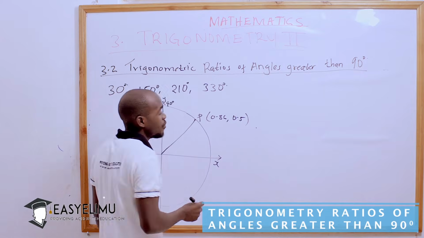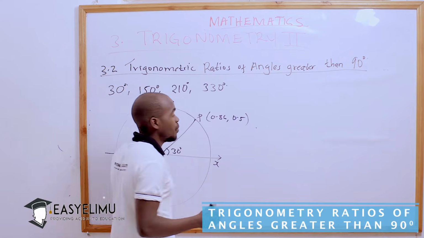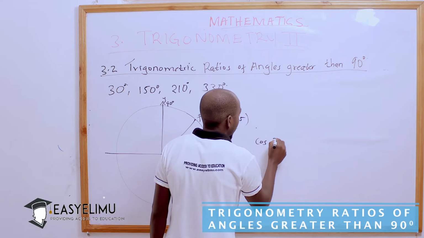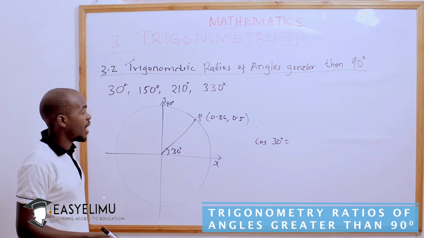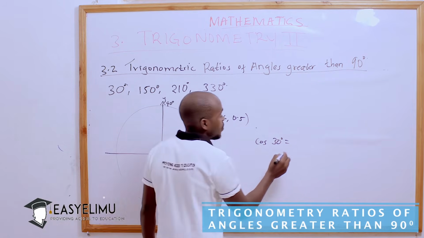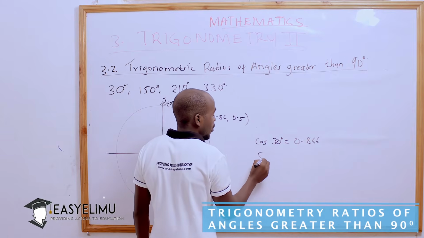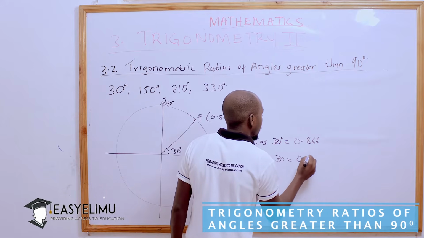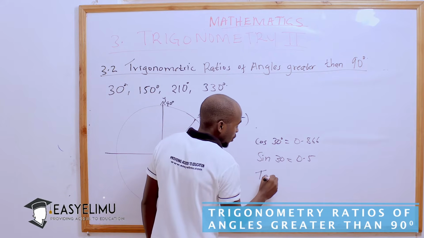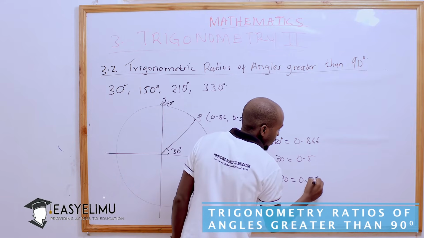And we saw that the cos of 30 degrees was positive, equivalent to 0.866 and something. Then sine of that angle gave us a positive answer of 0.5, and tangent also gave us a positive answer, which was 0.5774.